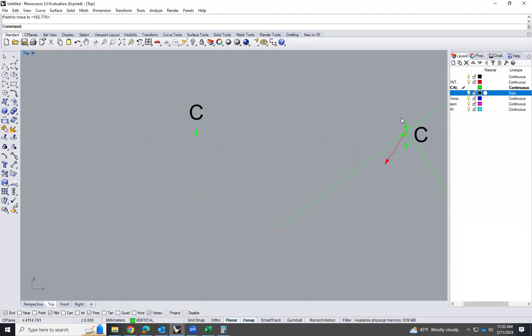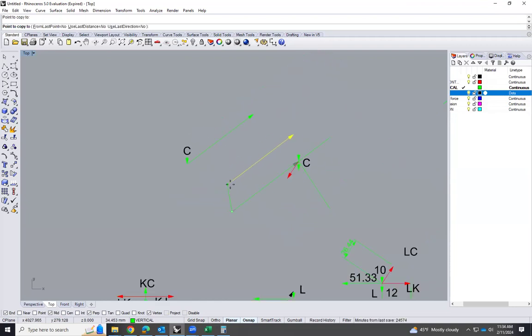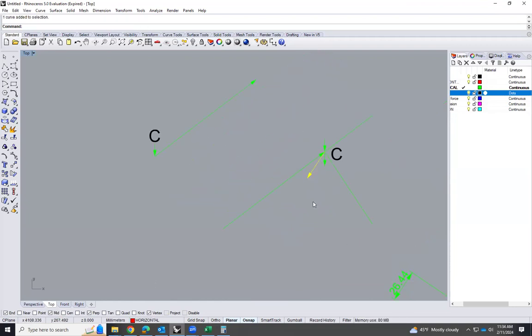So C goes down. Then this one goes up. Then the following one goes down. Then we have another one going down. Copy.